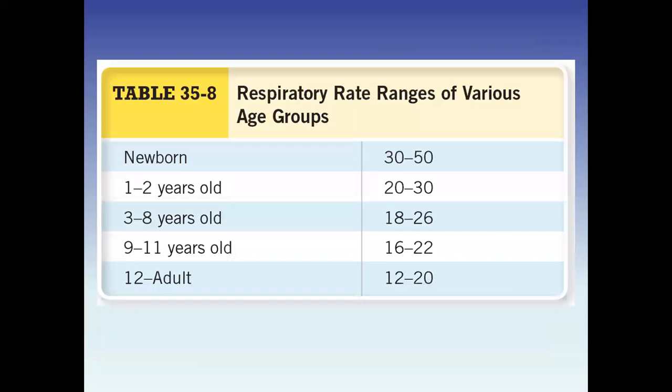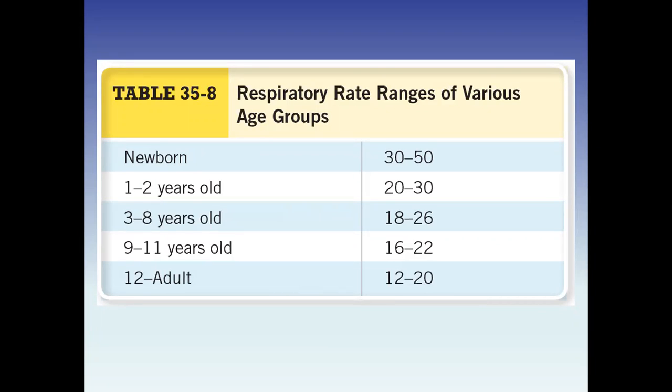And this is the respiratory rate average by age group. Newborns should have 30 to 50. The age of 1 to 2 years is 20 to 30.